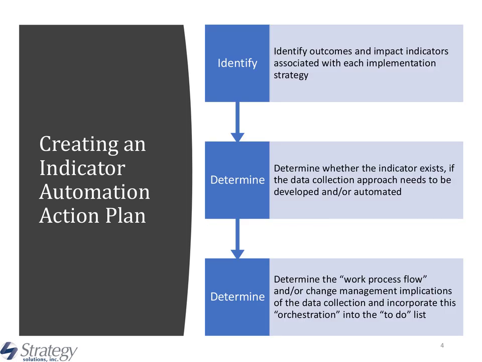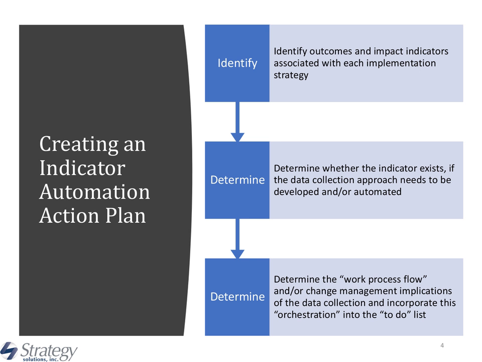Now, if you want to create an indicator automation action plan, some of the steps that you would want to think about are, first of all, to identify the outcomes and impact indicators associated with each implementation strategy. As we talked about, determine whether the indicator exists and if the data collection approach needs to be developed or both developed and automated.